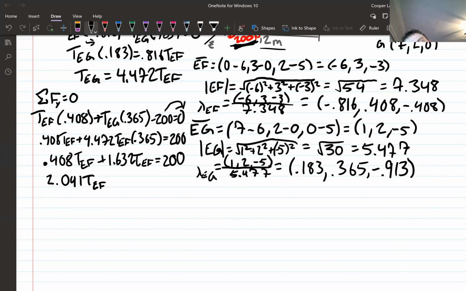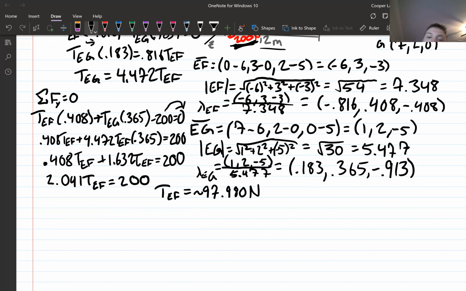TEF equals 200, which means that TEF equals approximately 97.980 newtons.